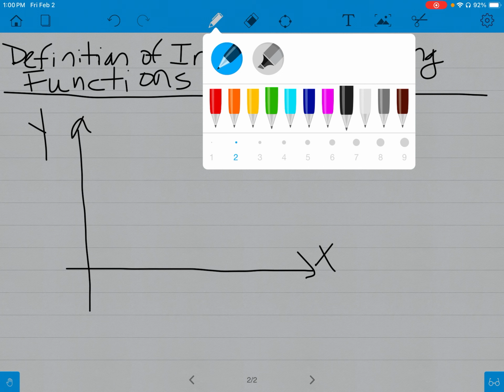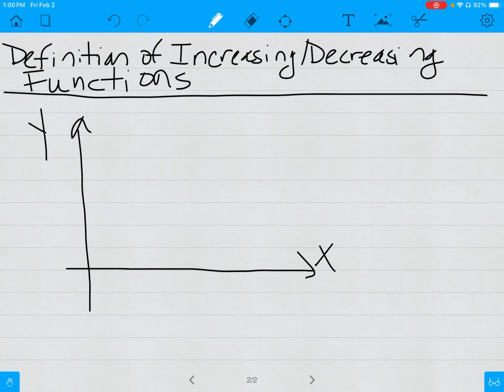And I'm gonna grab a different color pen here. Okay, so here is a downward pointing parabola. And when we think about functions increasing versus decreasing, we are reading the graph as we move from left to right along the x-axis, similar to how we would read a book, from left to right.